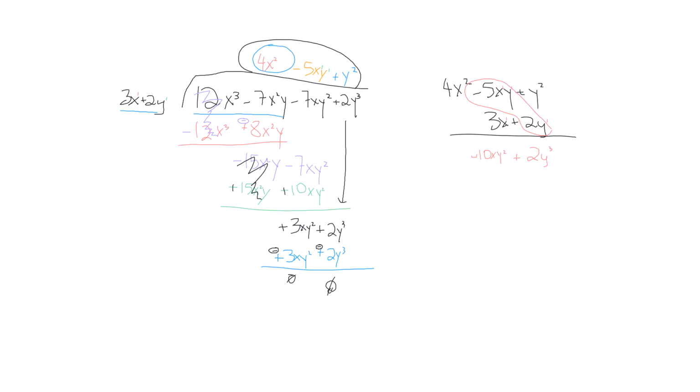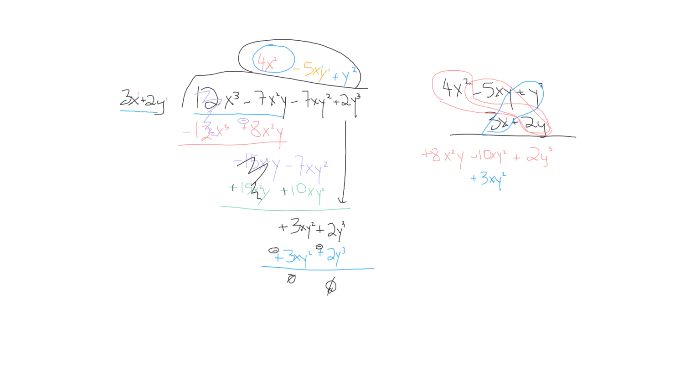This is a mess. Is positive 8x squared y. Now I'm going to do the 3x. So 3x times y squared. I'm going to move over 1. It is 3x y squared, positive.